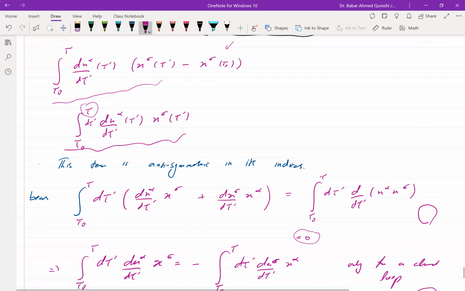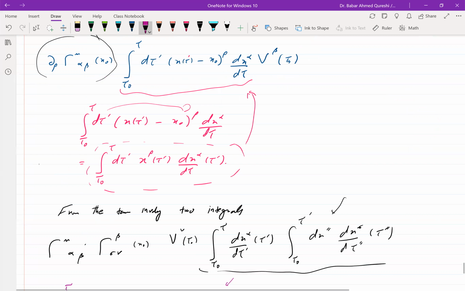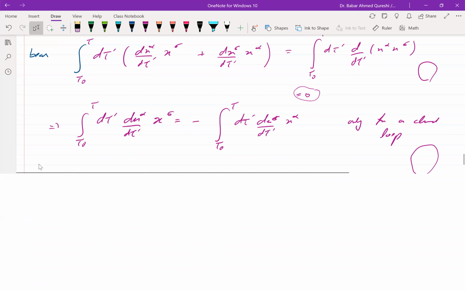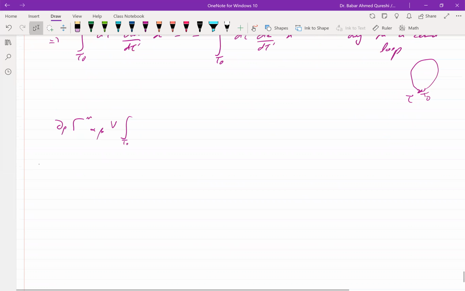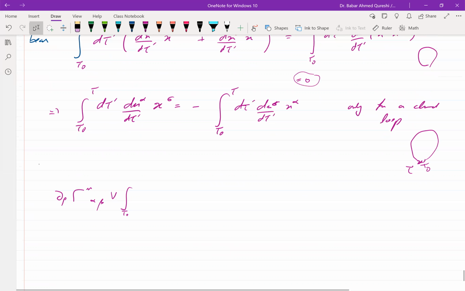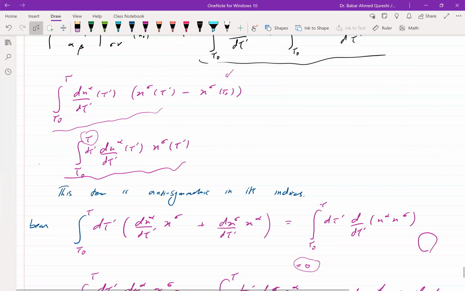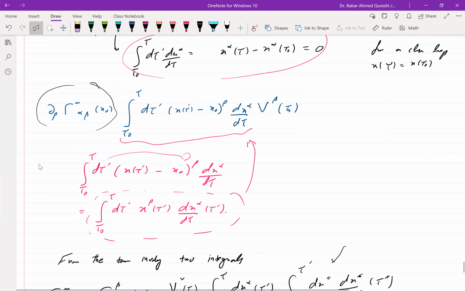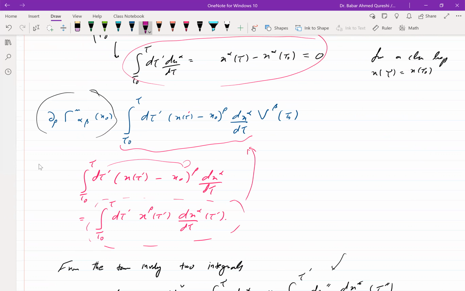V was contracted to, it's not written in my notes, that's why I have to copy from here. Yeah, V was contracted with beta, and the derivative term was contracted to alpha.